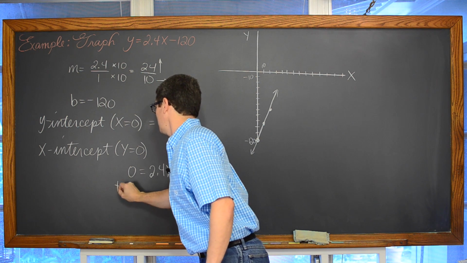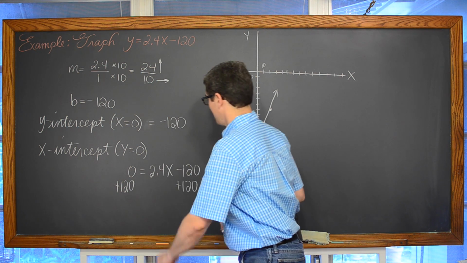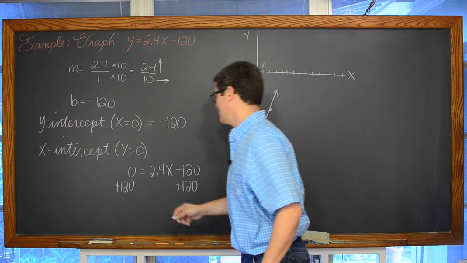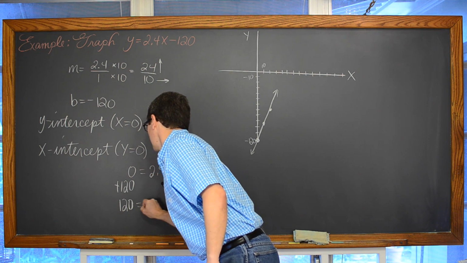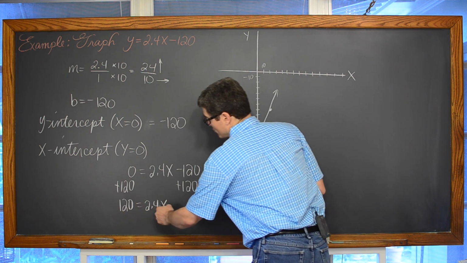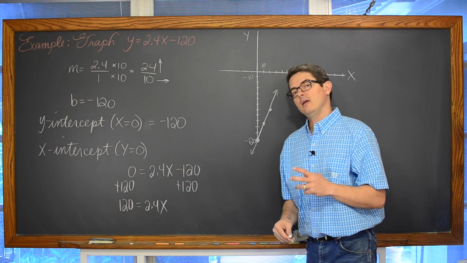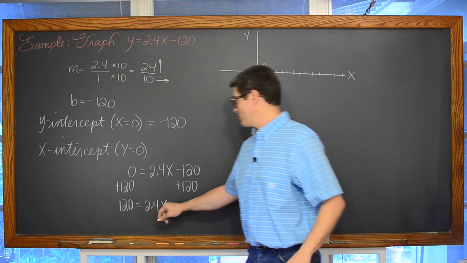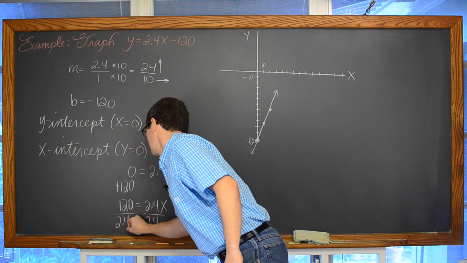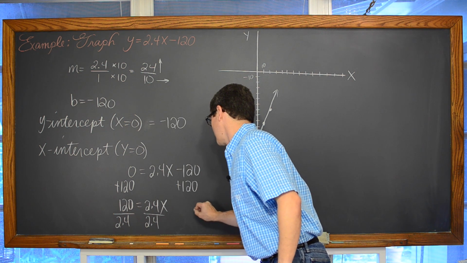We want to undo that subtraction of 120 to move it away from the x, and we get 120 is equal to 2.4x. And now with the x, we have a multiplication of 2.4, and we're going to undo that multiplication by dividing by 2.4.